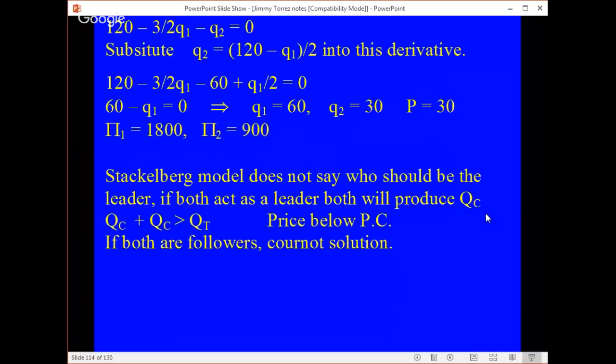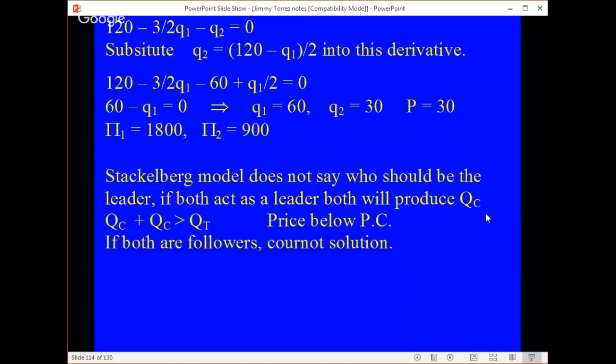I take that 60 from Q1 and plug it into Q2's reaction. So I get Q2 is equal to 60 minus 1/2 Q1, which is 60, and that gives me 30.